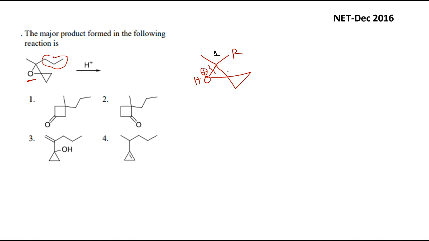So this is 1, 2, 3 and 4, R group, and there is O and H. Positive charge is here. Now if we break this C oxygen hydrogen bond, there will be C double bond O, but in that case we have to break 1, 2, 3, 4. We have to break this 2, 3 bond, and it will come here.